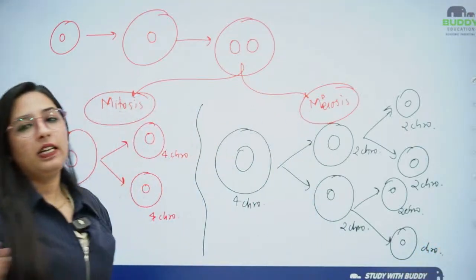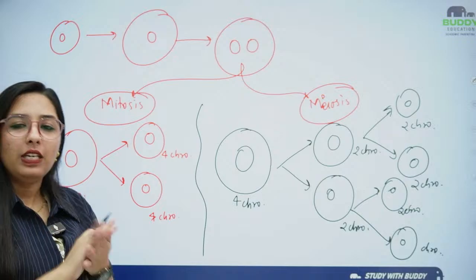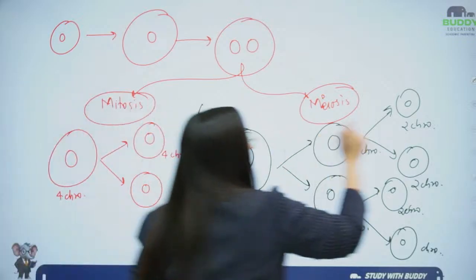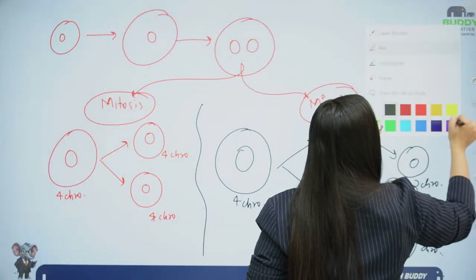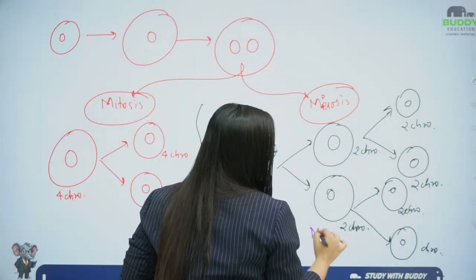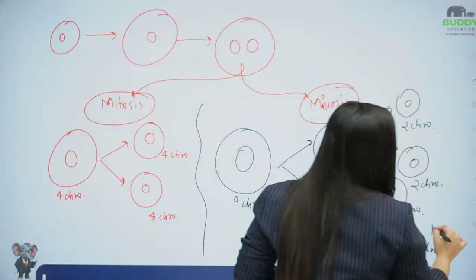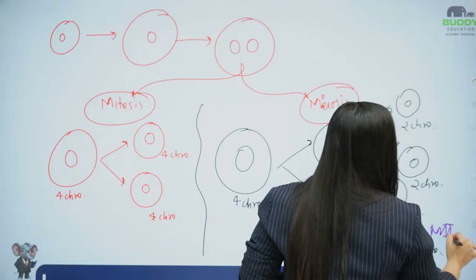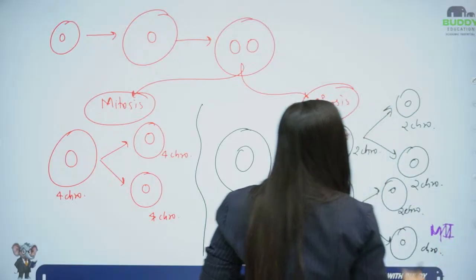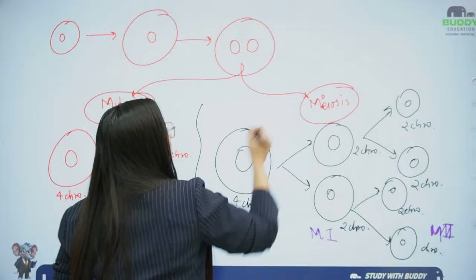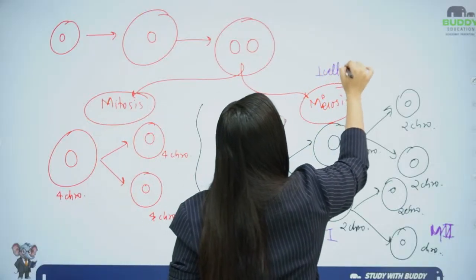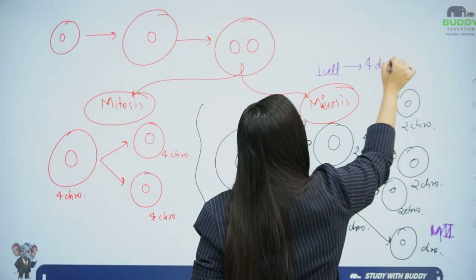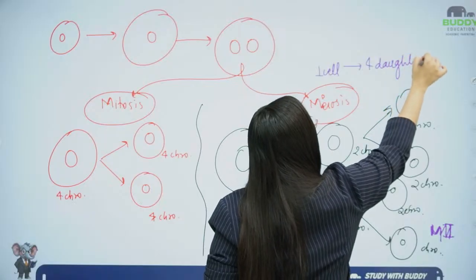Understood. So ultimately the number of chromosomes is similar, but meiosis is happening in two different parts, this one is meiosis first and this one is meiosis second. So at the end of meiosis second we have 4 daughter cells. So meiosis is one cell giving rise to 4 daughter cells.